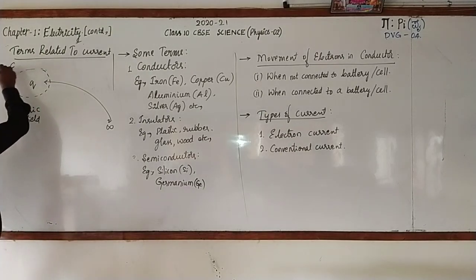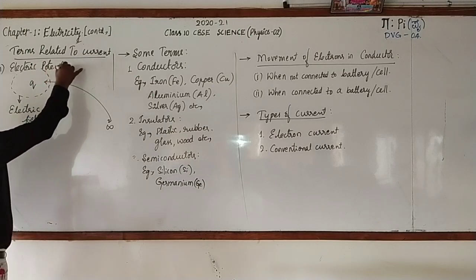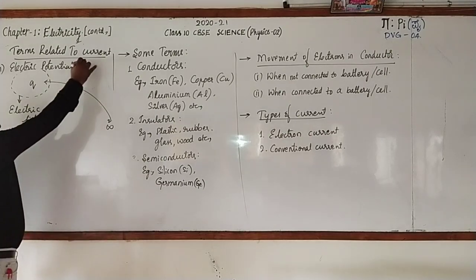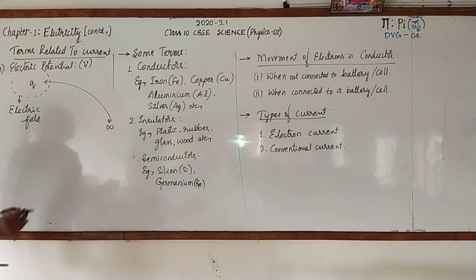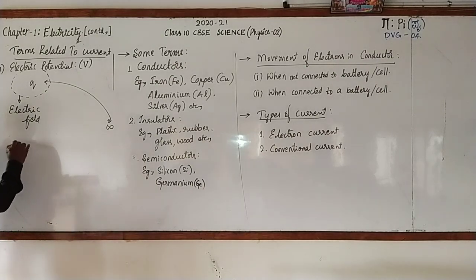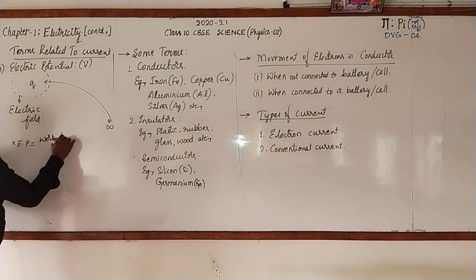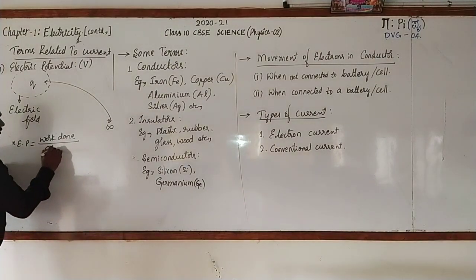This is a very important term. First one, electric potential. I hope you all have understood this. Electric potential is denoted by the symbol V. Electric potential can be found out by using the formula: it is work done divided by quantity of charge.